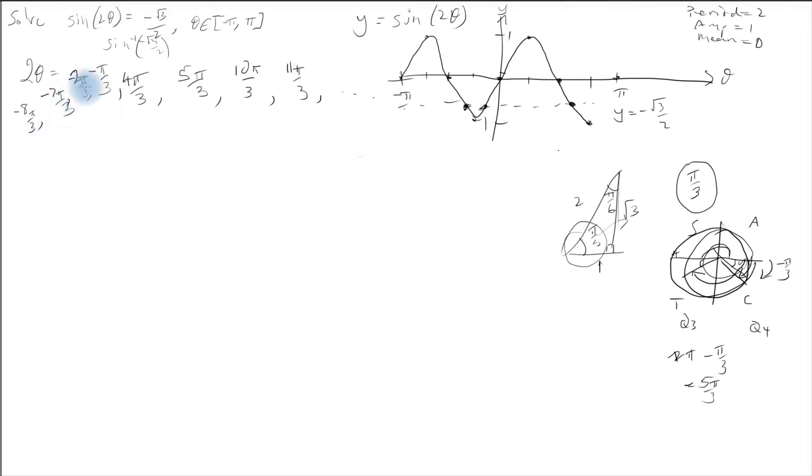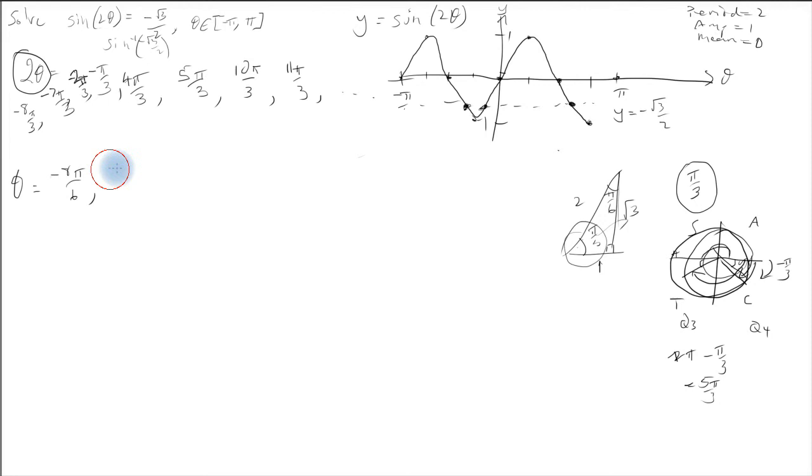Now remember, these values are 2 theta. 2 theta equals those values. So now, to get just theta, we have to halve them all. So this one, to halve 8 pi on 3, it's 8 pi on 6. Basically, to halve them all, we just make the denominators all 6.